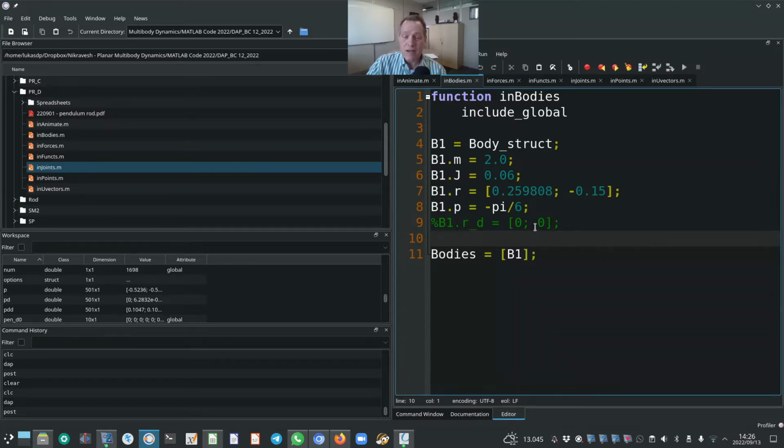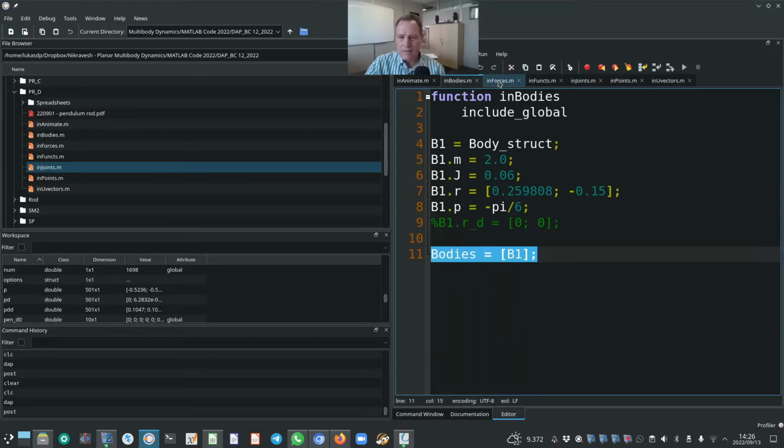In our case, our pendulum rod starts from rest, so we can either specify the initial velocities as 0, 0, the x and y components, or we can simply leave it out. The default value for the initial velocities is 0. Alright, so we only have one body, and that's why our list contains only a single entry, B1.